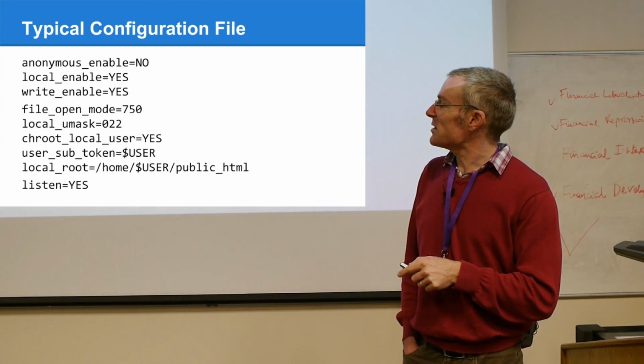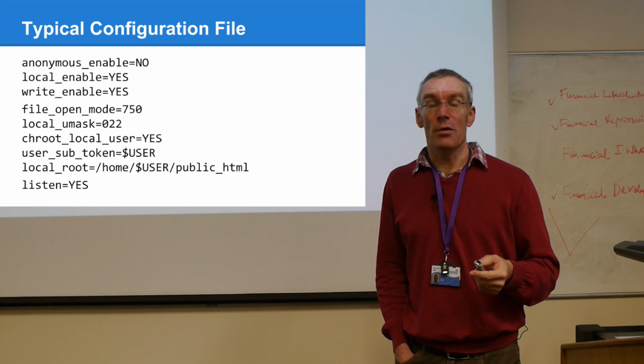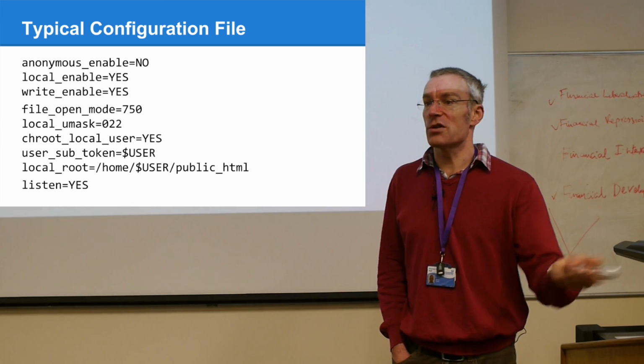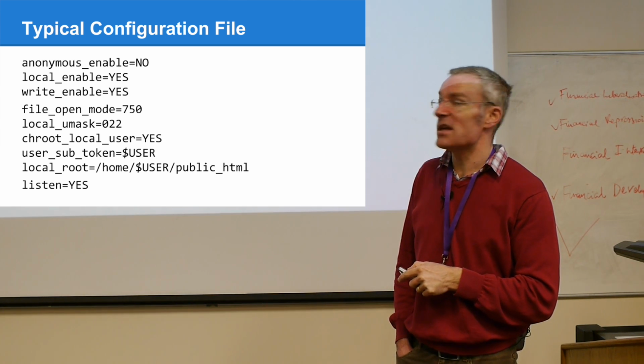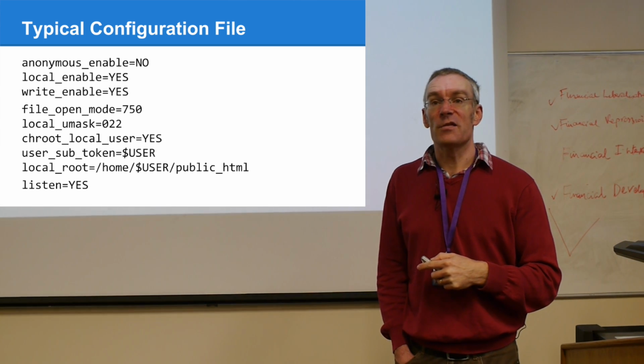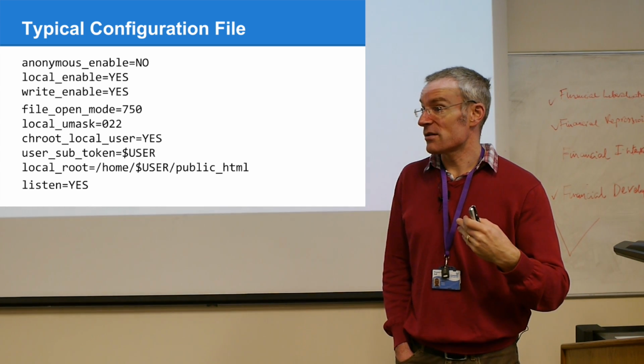We'll ignore that for a minute. Write enabled is the obvious thing. If you say no, it becomes read-only. So if you want people to just get files off your server, you can say anonymous enable yes, write enabled no. And that gives people anonymous access to just read and download your files.